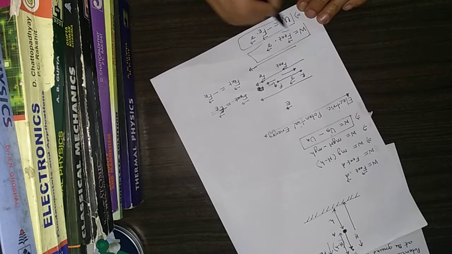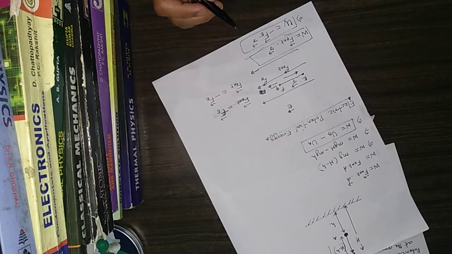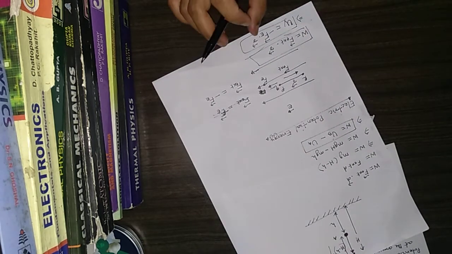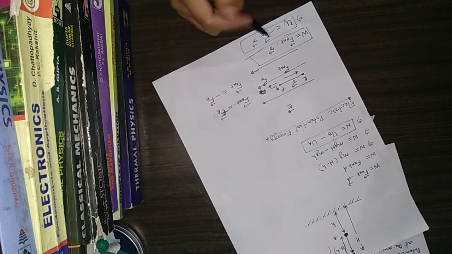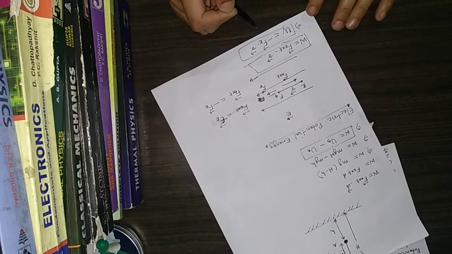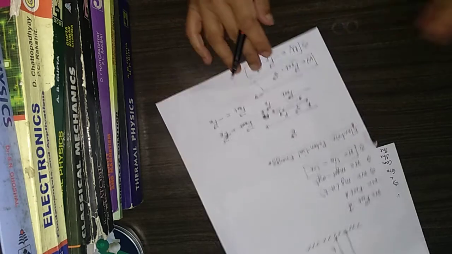So this is the work done for bringing a charge from point P to R in terms of two different forces. One is external force and another is electric force.